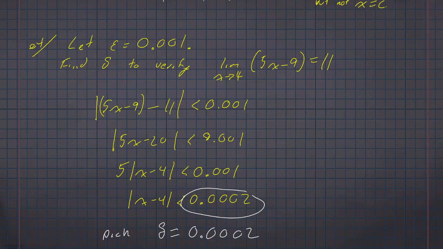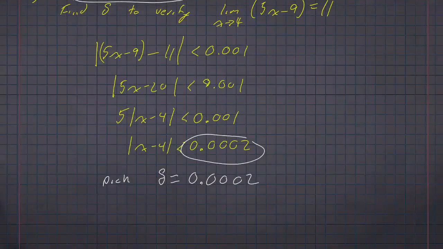And in fact, this first step is already more specific than we're generally going to want to be. Instead of looking at a particular value of epsilon and looking for a particular value of delta, generally we're going to be proving that this will work for any value of epsilon, because the definition says for all epsilon greater than 0.